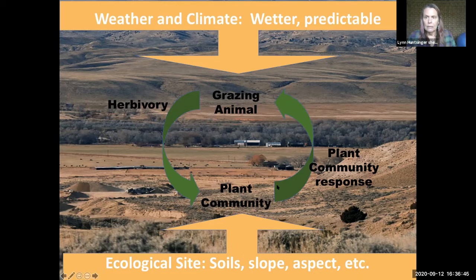And so it doesn't quite produce the same amount as we go through this cycle, and the grazing animals don't have enough to eat. So some of the grazing animals fail to reproduce or they die, and that causes them to not be able to remove as much plant material, and the plants grow more abundantly. And then there's extra food for the grazing animals, and the grazing animals grow again.